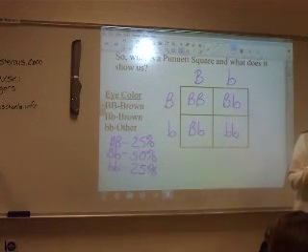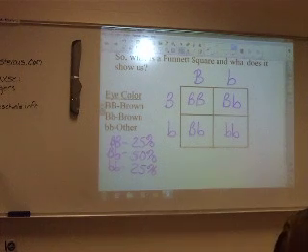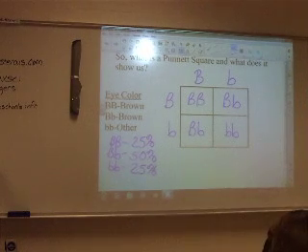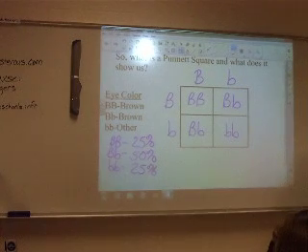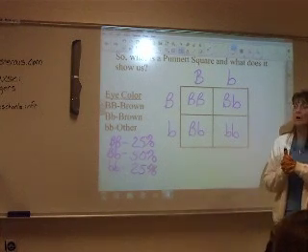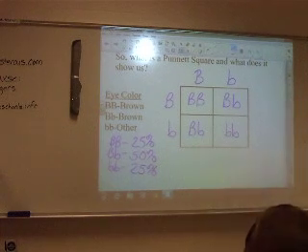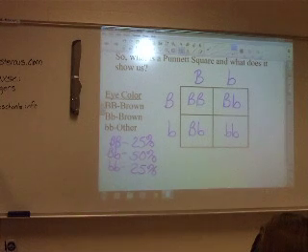Okay? Next question, one more. What is the percentage that the offspring could be homozygous for something other than brown hair? Katie? Black.